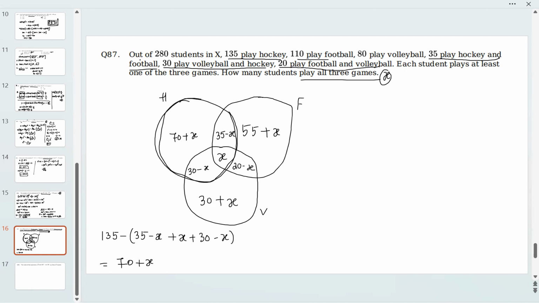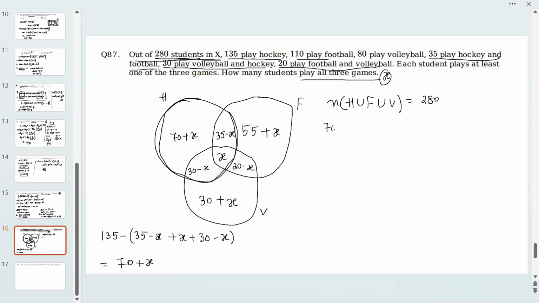And now one condition we need: out of 280 students. 280 students means all these circles, H, F, and V, meaning N of hockey union football union V is 280. So we just need to add all these.